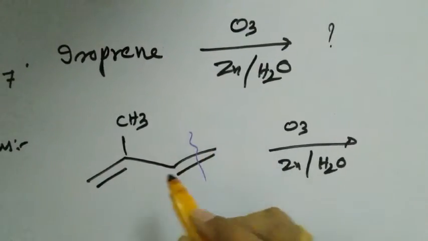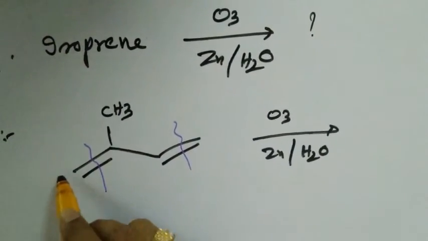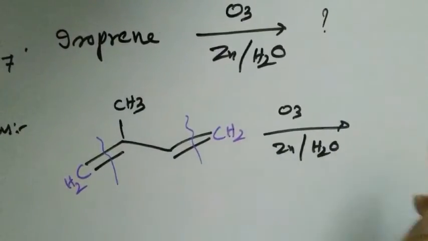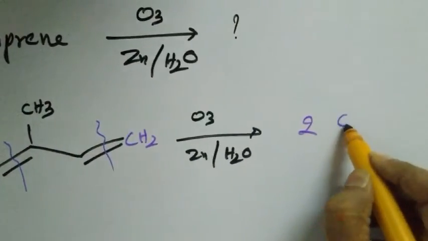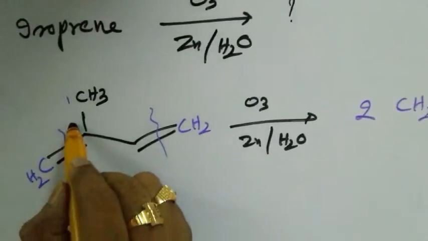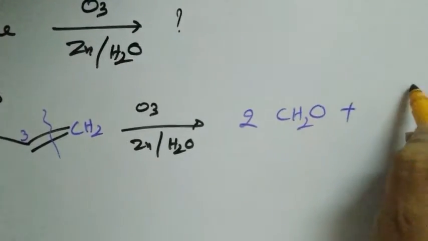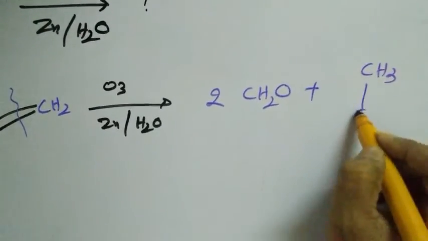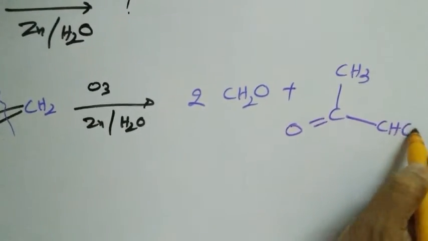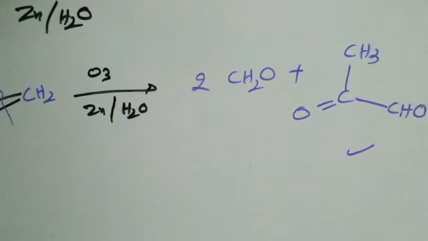Here the rupture occurs, here the rupture occurs. So therefore we are going to get CH2O because this is our CH2 group. This is also our CH2 group. Therefore we are going to get 2 moles of formaldehyde CH2O plus 1, 2, 3 carbons. So we are going to get CH3, C double bond O and CHO. So this is the product obtained.